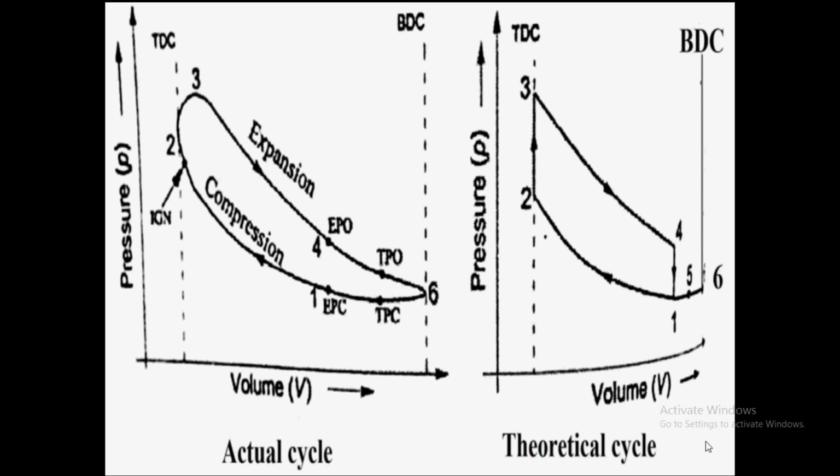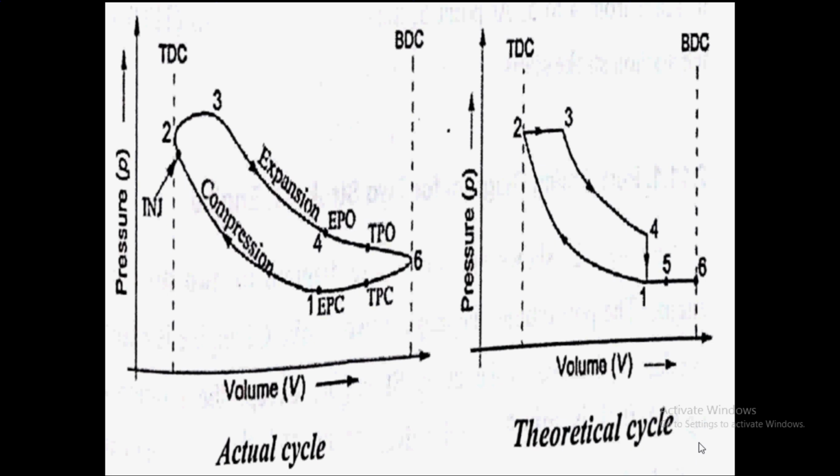At the end of the expansion stroke, the exhaust port opens, EPO, at 4, and burnt gases are pushed out into the atmosphere. During this, the pressure falls suddenly to atmospheric pressure. As the piston moves towards bottom dead center, the volume of burnt gases increases from 4 to 5. At point 5, the transfer port opens, which is TPO, and the suction stroke starts.